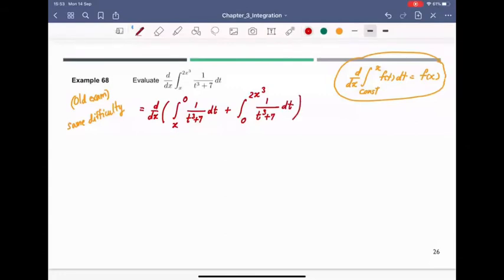This is acceptable because the integral from a to c is the integral from a to b plus the integral from b to c.